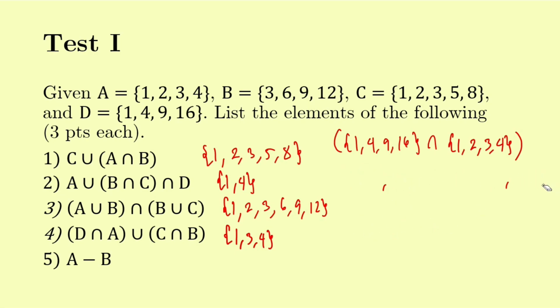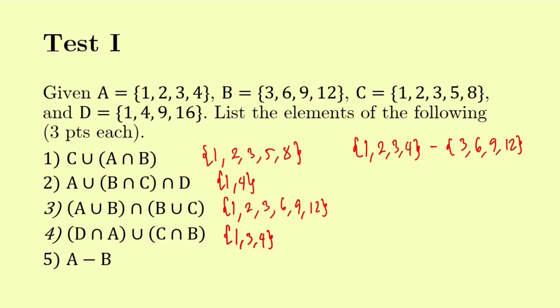Lastly, for set difference, A minus B. 1, 2, 3, 4 minus 3, 6, 9, 12. That means we need to remove, no, the common element from these two.